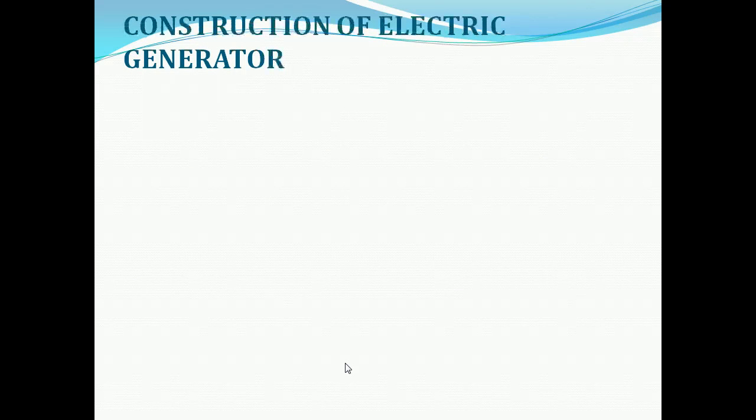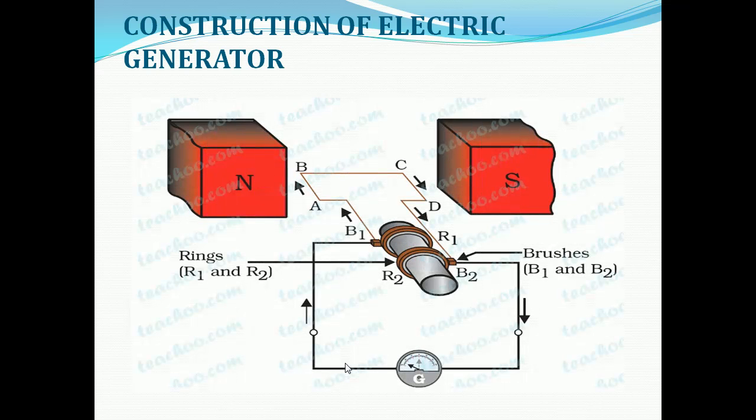So, construction of the electric generator. Now we are going to see what parts are present in the electric generator. The electric generator consists of a rectangular coil of wire A, B, C, D, as you can see in the picture.